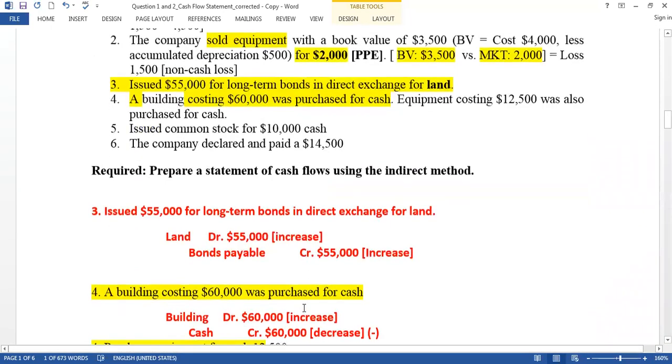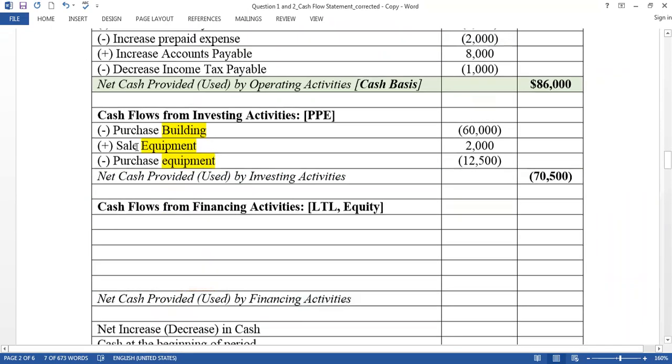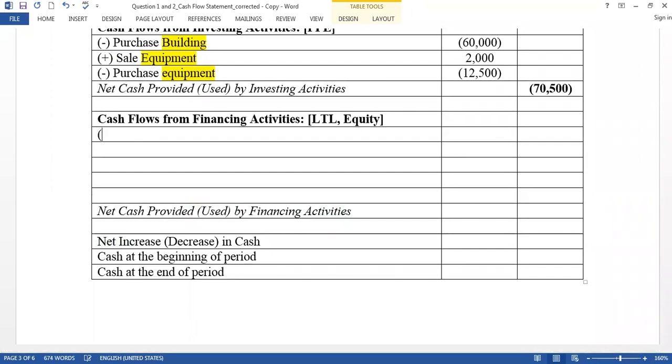The question said sell common stock for cash, right? That means you sell common stock and you receive cash. So it is plus, that means issue common stock and I receive cash.